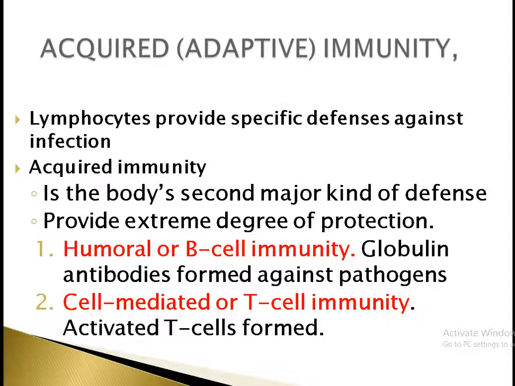After that introduction of the innate immunity, we come to the second type, acquired or adaptive immunity. Innate immunity does not require many more details because we have already studied the inflammatory process, we know the barrier of the skin and all these, and also the gastric juice, that is HCl, produced in the stomach.